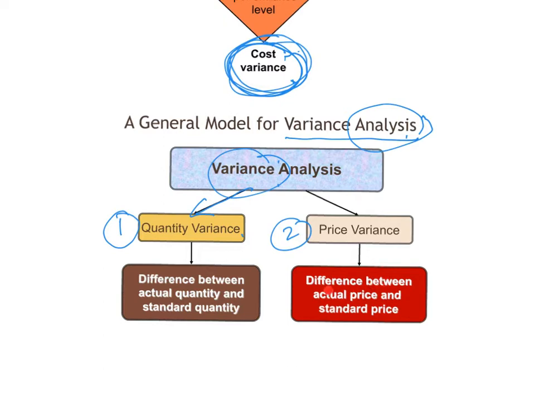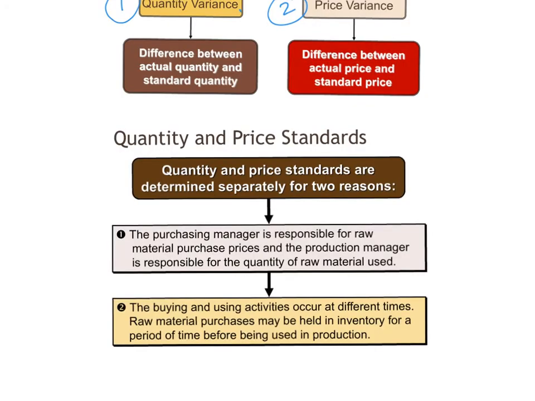That is the actual price that you have to pay for one unit of material, or the actual price that you have to pay for your labor, as compared to the standard price that you have already set in your standard cost card. When there is a difference between these two, we have what we call the price variance.